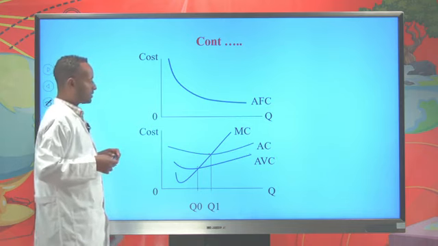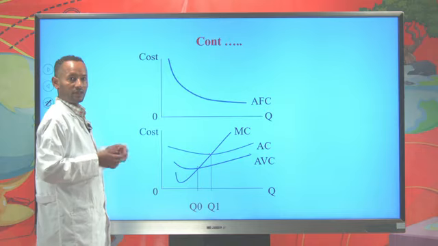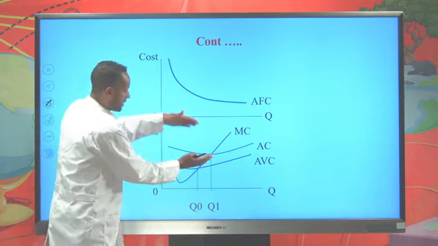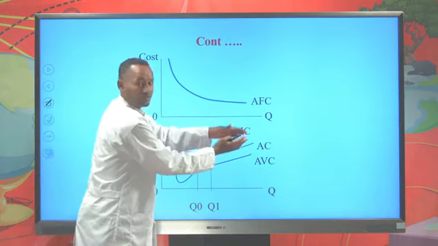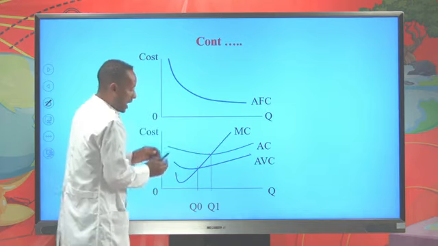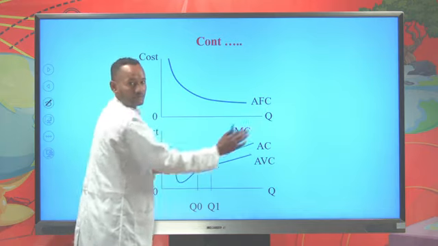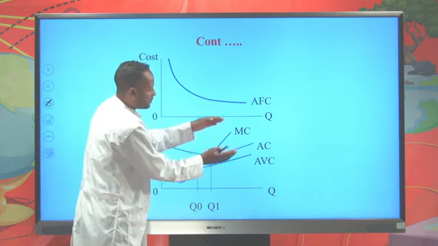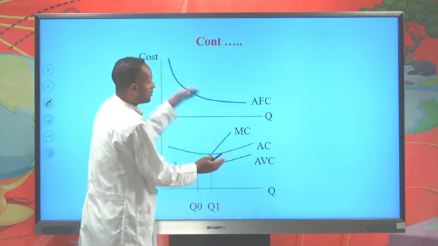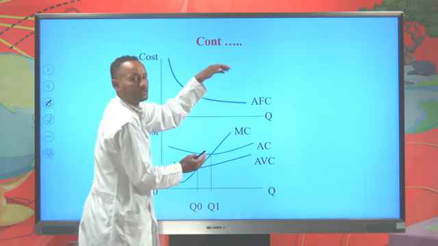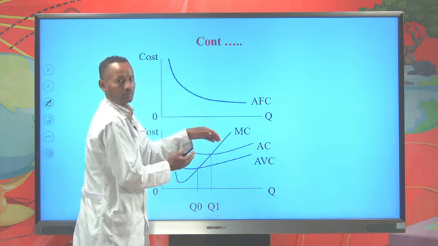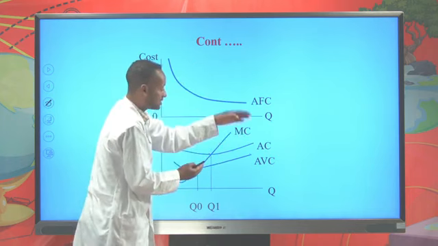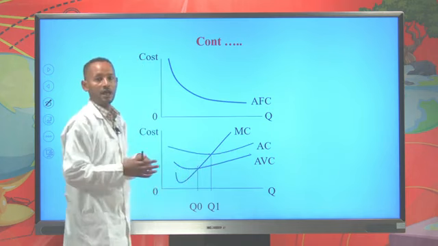Another relationship between the AC and the AVC: the gap between the average cost and the average variable cost curve becomes smaller and smaller as the level of output increases. The gap between the AC and the AVC becomes smaller and smaller because the AFC curve continually declines, since the AC is the sum of the AVC and the AFC.